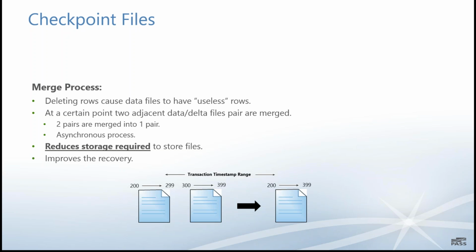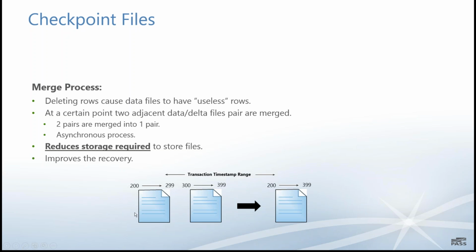So we have a merge process in order to avoid the problems that I just mentioned. For example, here, you have the checkpoint files represented by this single page here, okay? But imagine this as a data and delta file.